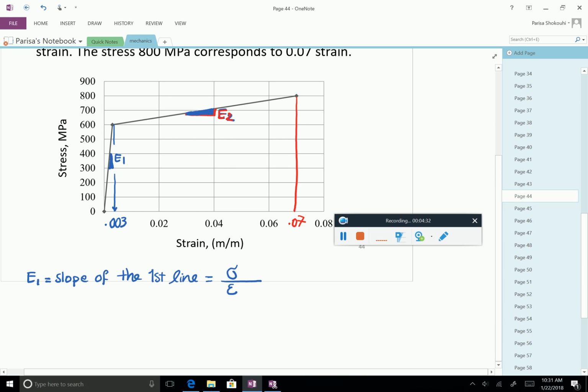We need to be careful when you write just sigma over epsilon because it depends where we are in the curve. Because this is not a linear elastic material anymore, I have to say sigma over epsilon in which strain range.